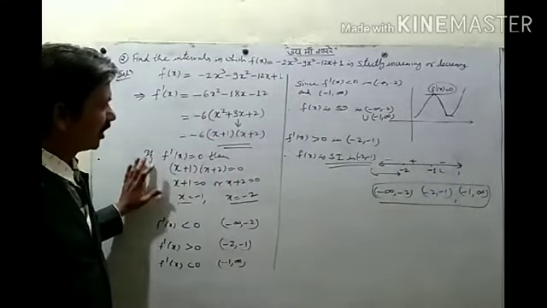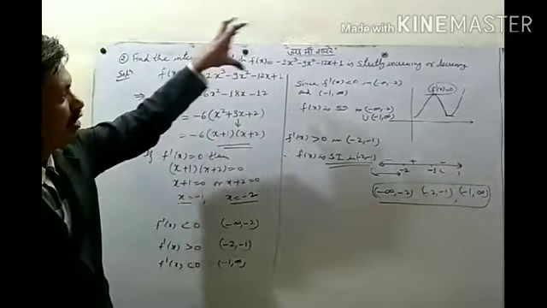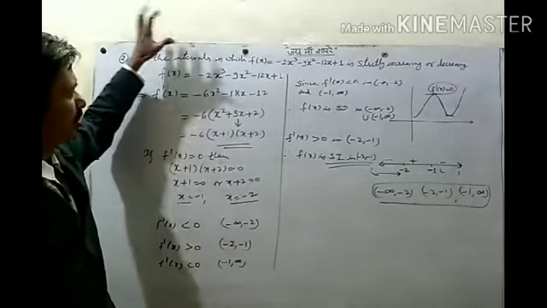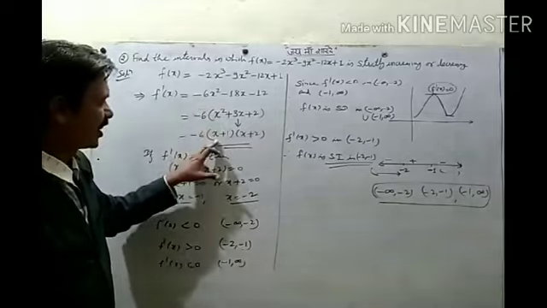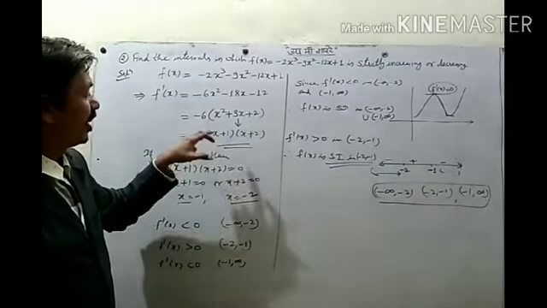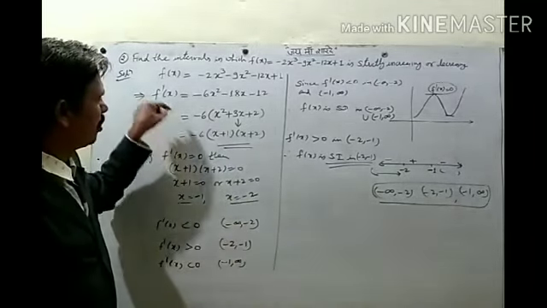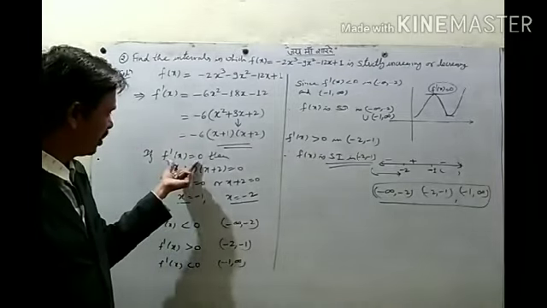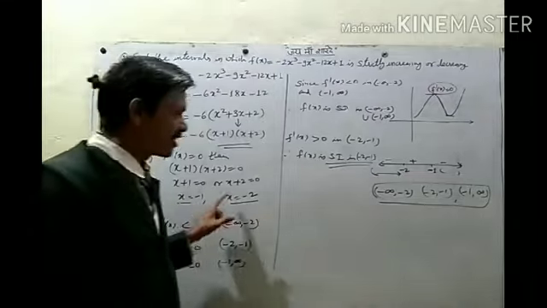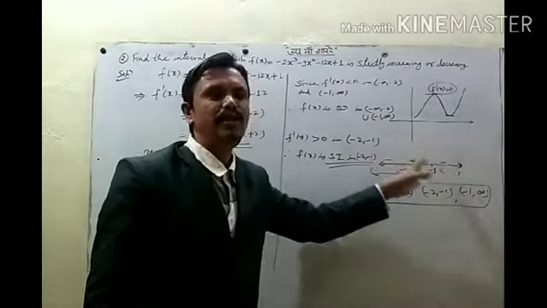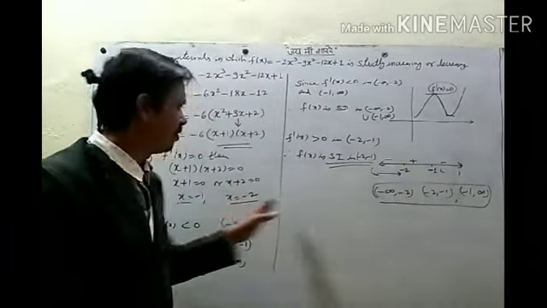Okay, so like this you can find in which interval a function will be increasing or decreasing. Simple steps are there. First find the derivative and factorize it. Then find the points at which your derivative becomes 0: just put the derivative equal to 0 and find the values of x. Now these x values will divide the number line into some intervals. If there are 2 points, we will get 3 intervals.